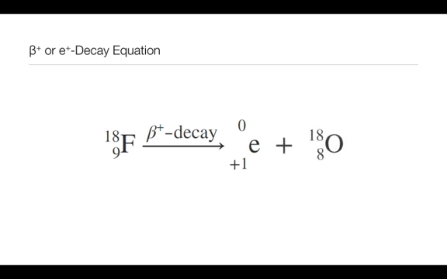That means that our other product must have 8 protons so that our nuclear masses and our nuclear charges add up. We start off with a nuclear mass of 18 on the reactant side. We end up with a total nuclear mass of 0 plus 18, which is equal to 18 on the product side. We start off with an atomic charge of 9 on the reactant side. We end up with a total nuclear charge of +1 plus 8, which is a total of 9 on our product side.